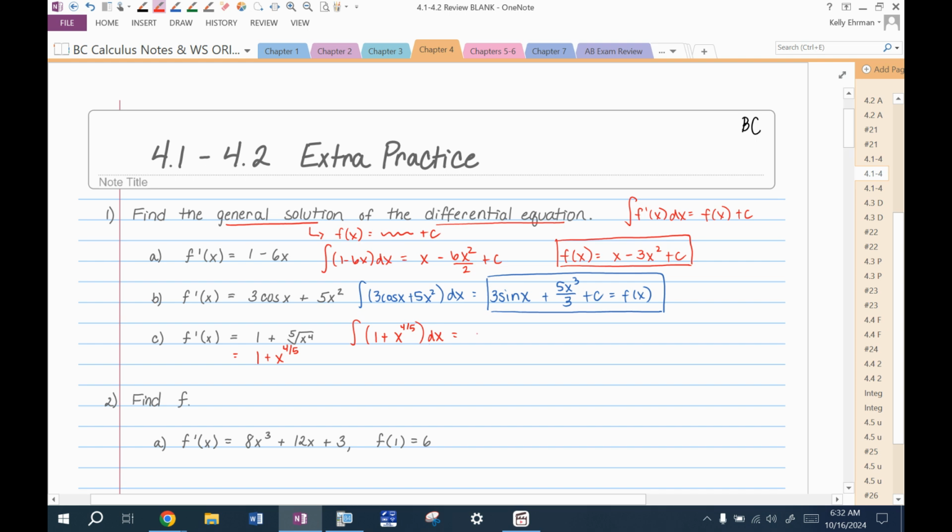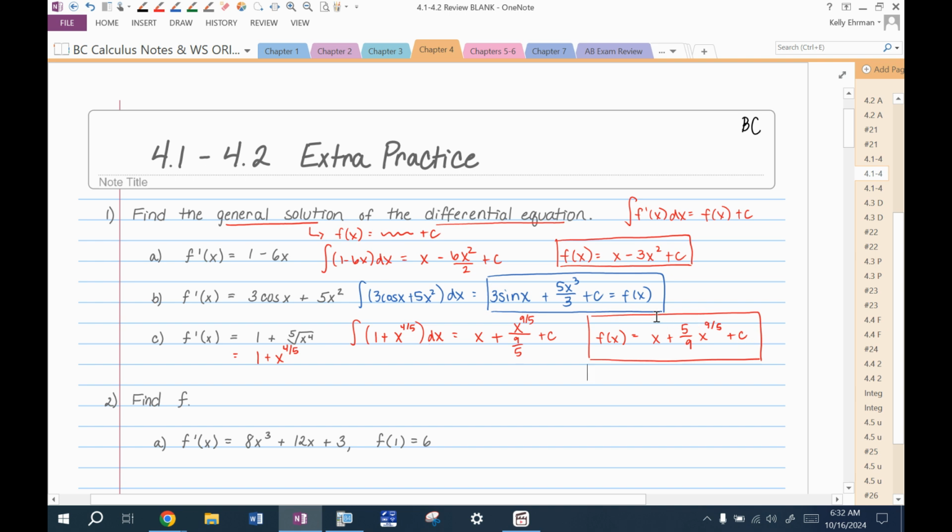Anyway, integral of 1 becomes x plus, add 1 to 4/5, so add 5/5, you get 9/5, so x to the 9/5 divided by that new exponent plus c, and I'm going to rewrite that. So that's x plus, instead of dividing by 9/5, we will multiply by 5/9, still times x to the 9/5 plus c.